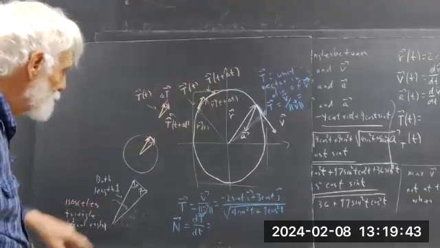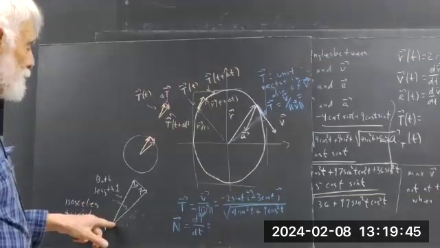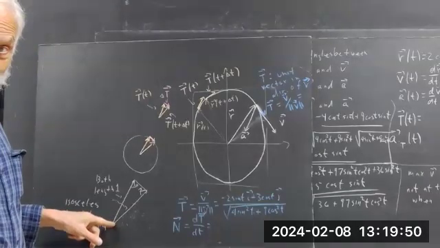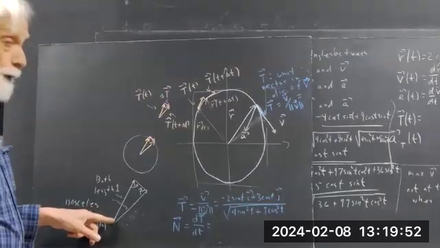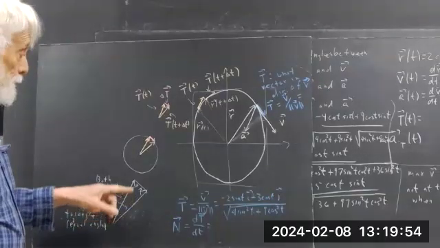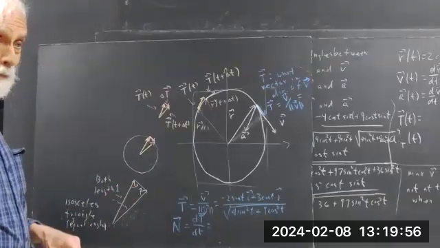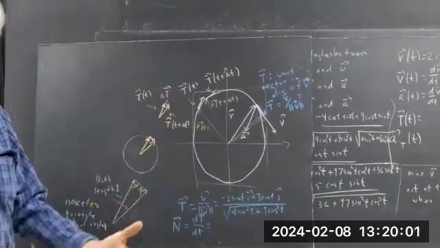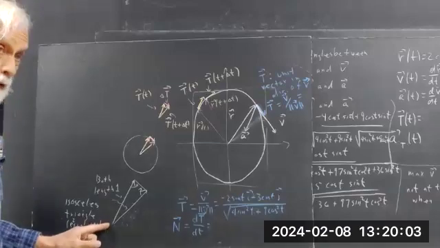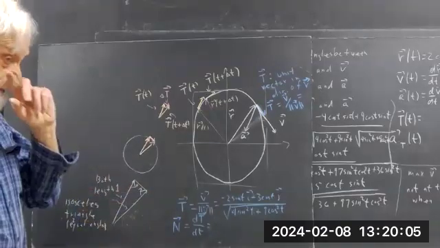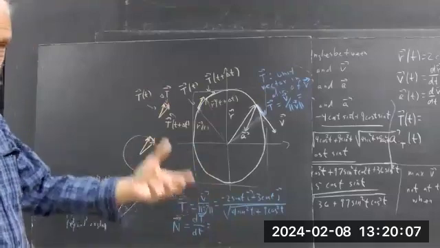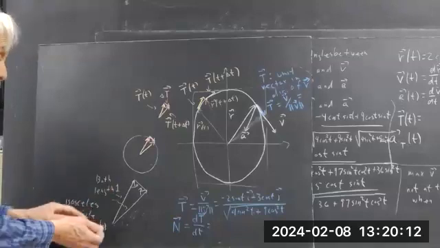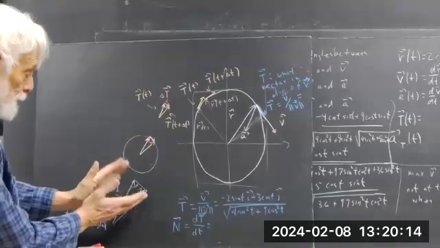But the angle here is going to approach zero as delta t approaches zero, right? Now, as this angle approaches zero, what does the sum of these two angles approach? 180 degrees, doesn't it? Because the sum of all three is 180 degrees, and if one of them approaches zero, the other two have to approach a sum of 180 degrees. These two angles are equal because of the symmetry of this figure.